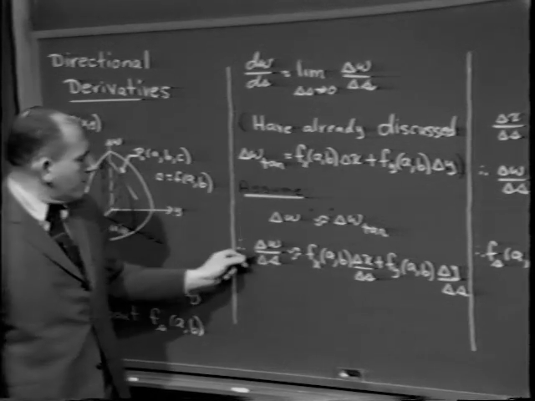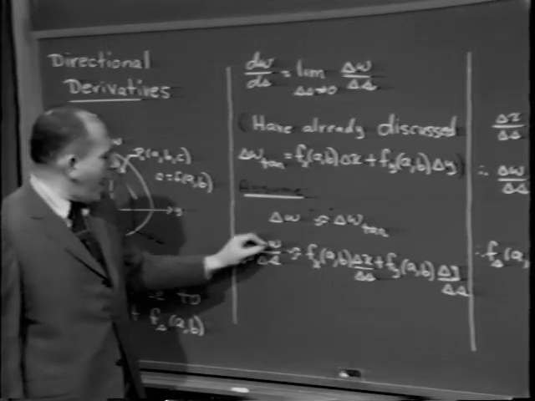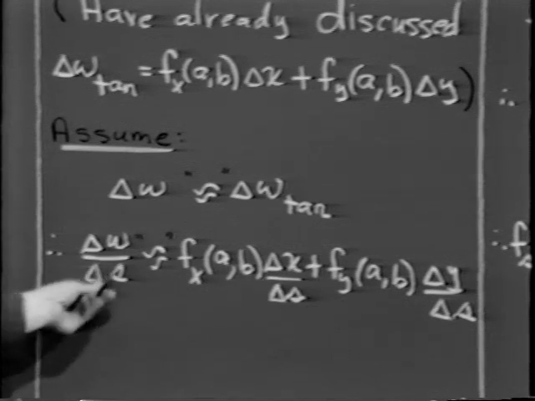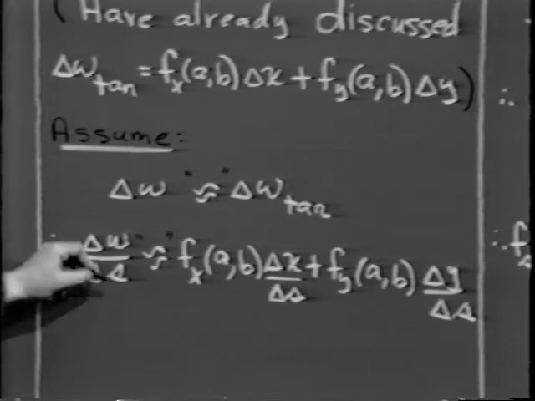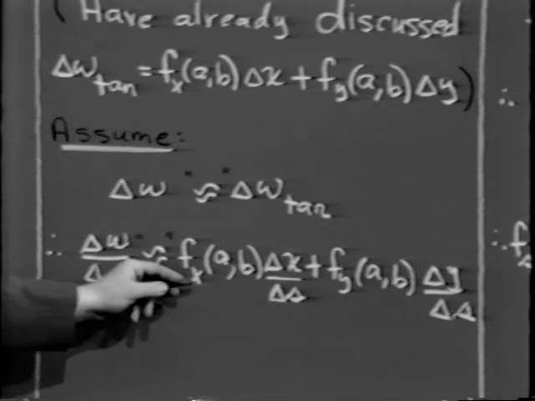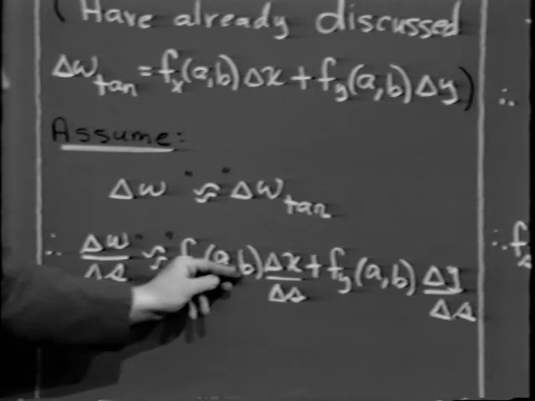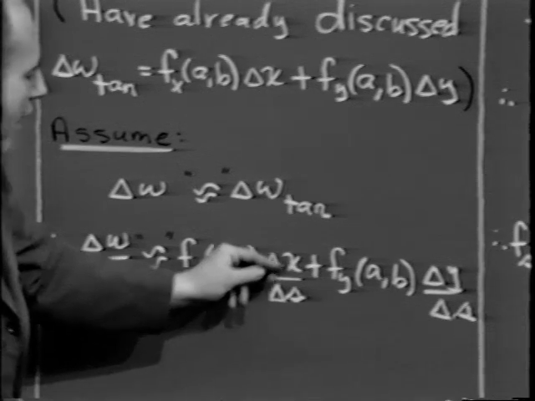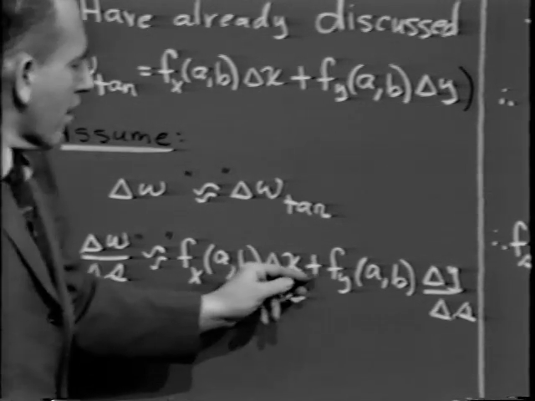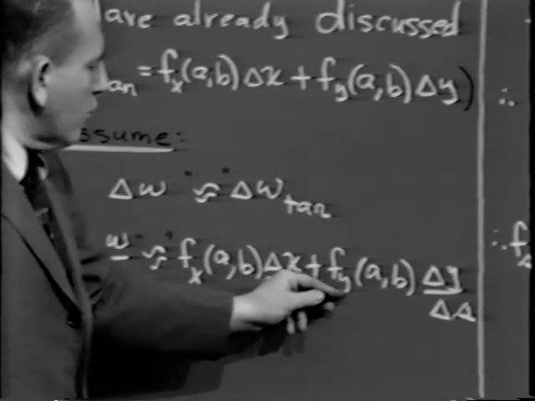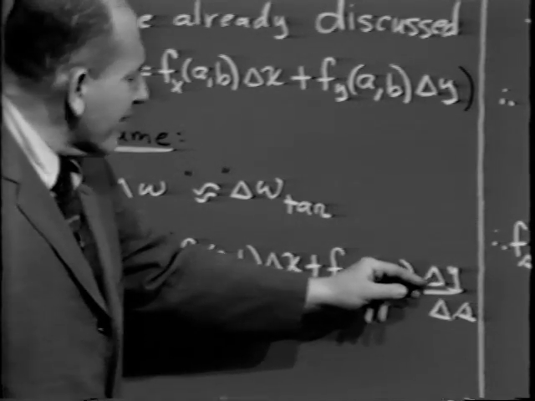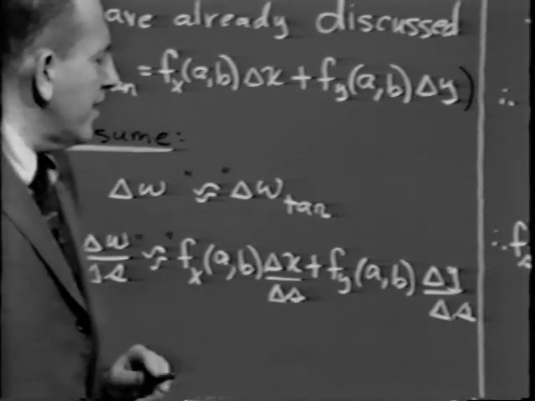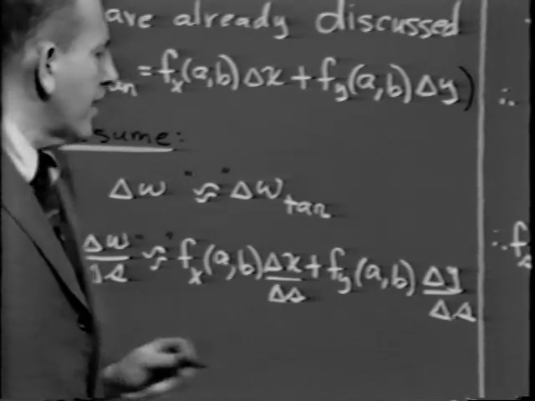Assuming that this is a legal substitution, delta w over delta s is the partial of f with respect to x evaluated at (a, b) times delta x divided by delta s, plus the partial of f with respect to y evaluated at (a, b) times the change in y divided by the change in s, delta y divided by delta s.